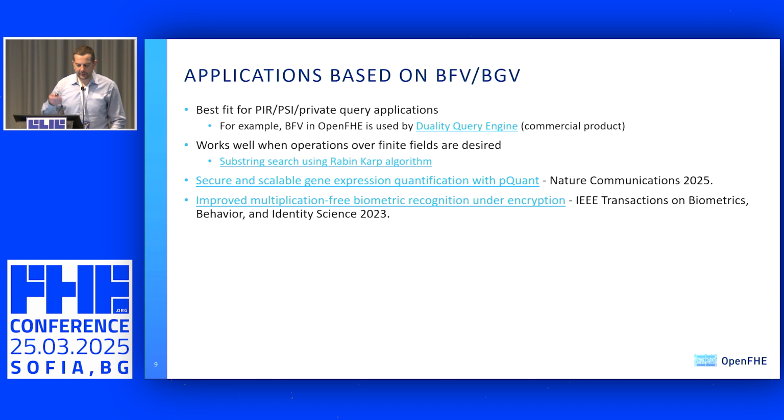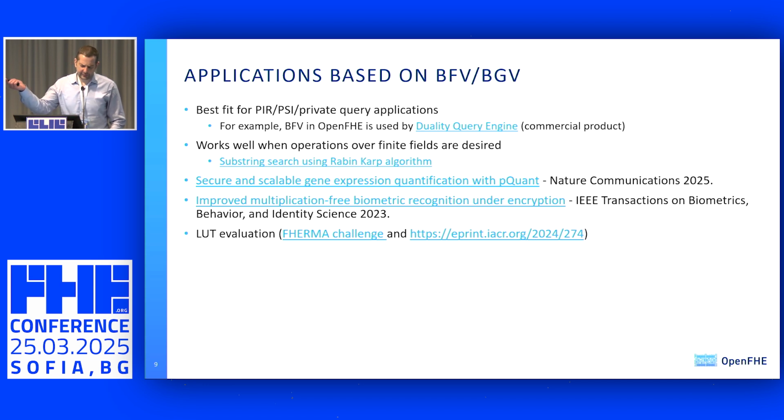I also saw some BFV-based applications for, let's say, biometric recognition under encryption. And something that has also got quite a bit of attention is the use of BGV BFV for LUT evaluation.